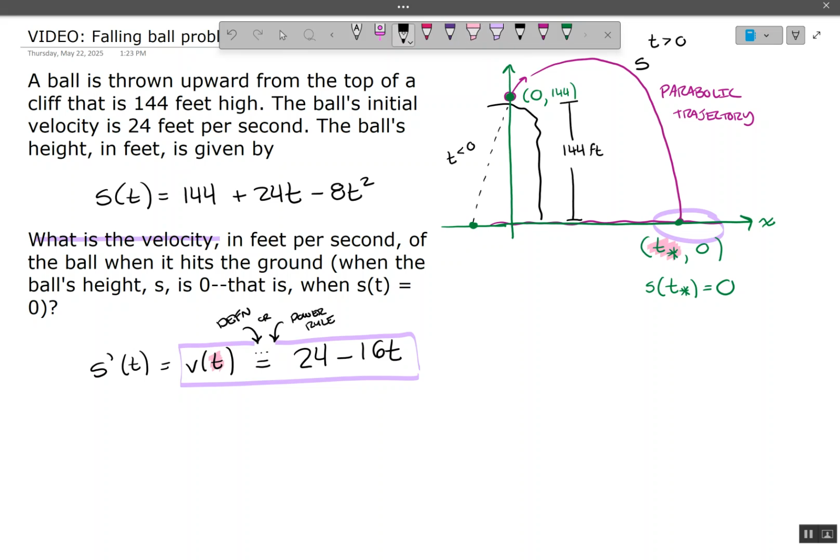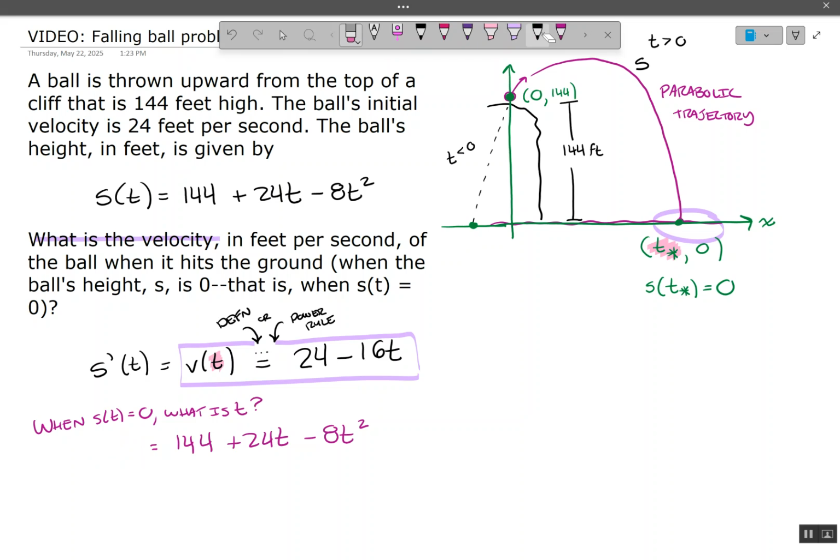So to do that, we need to go back to the position function. And I'm curious about when s of t equals 0, what is that special t value? So we have s of t equals 0. Okay, very nice.